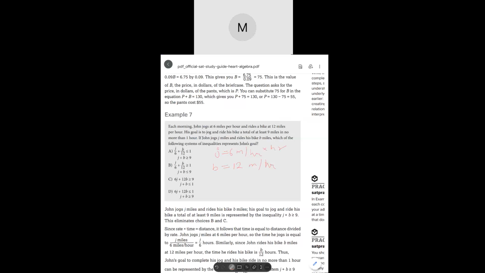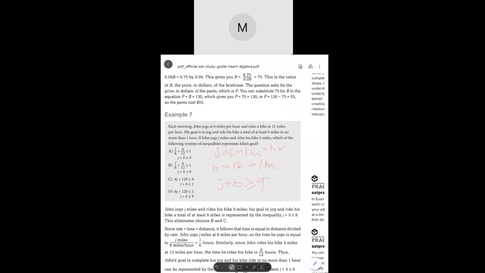So right now we're saying that he rides at least 9 miles, which means if he's going j miles with the jog, and the biking is for b miles, the total of those miles should be greater than or equal to 9. So j plus b has to be greater than or equal to 9, which eliminates option C for us.